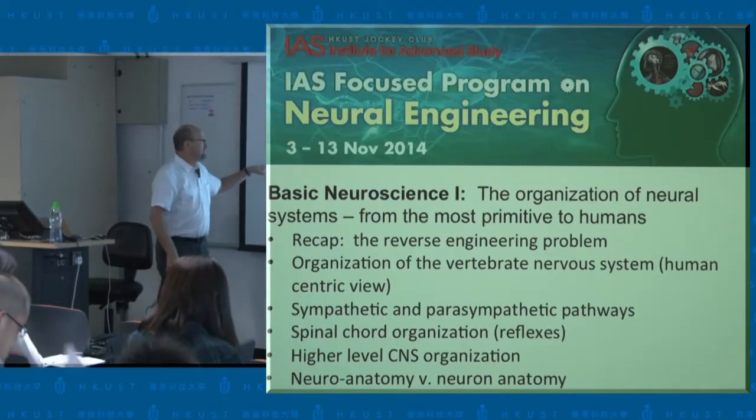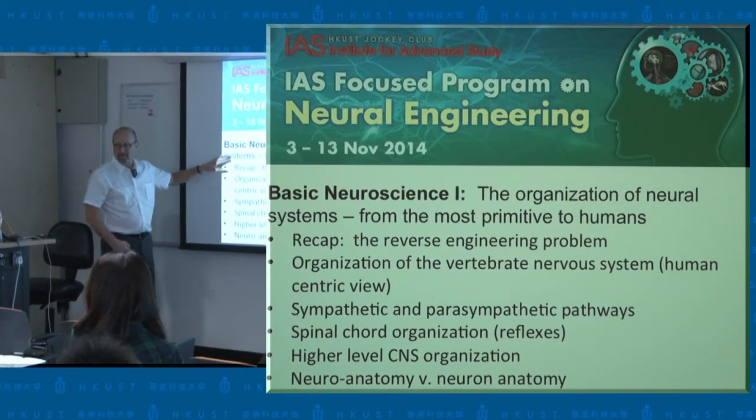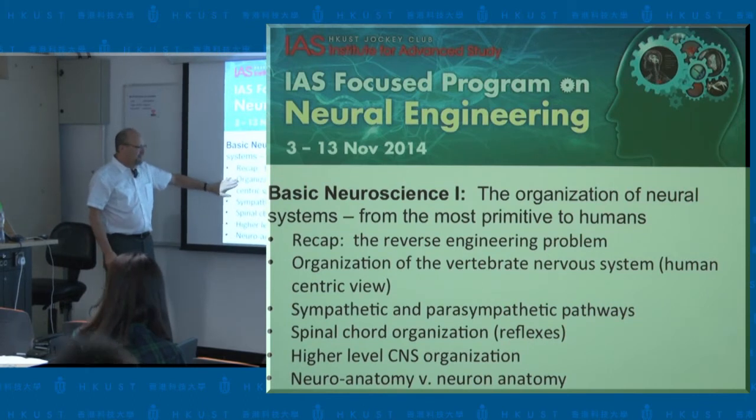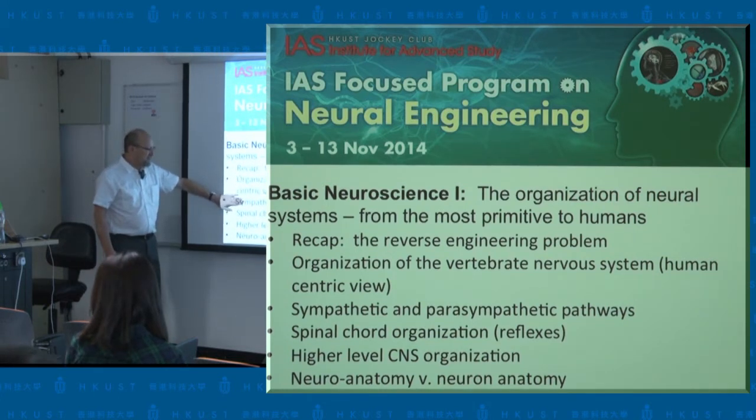So what I'm going to do is give you the recap of where we were this morning and why we even want to look at neural anatomy. I'm going to give you a bit of the overview of the vertebrate nervous system, okay? And then the organization of the nervous system from the major pathways, spinal cord and central nervous system organization.